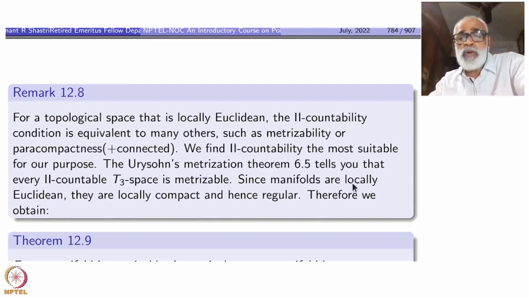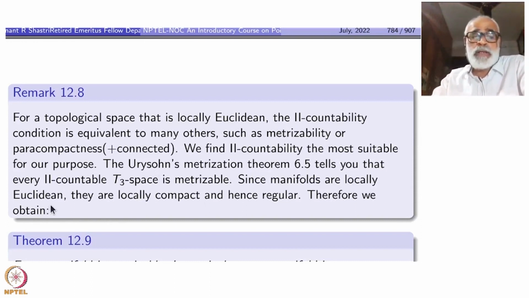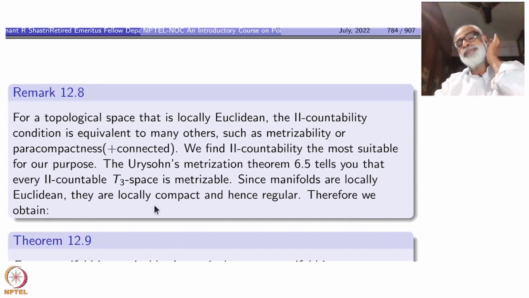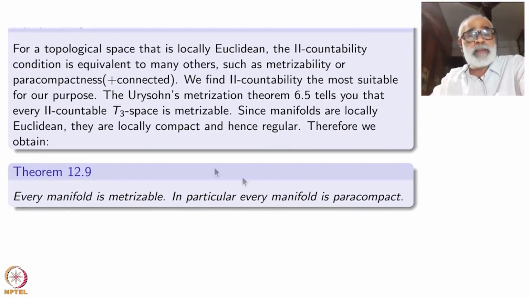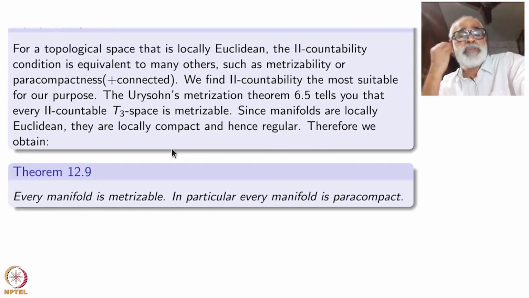Since manifolds are locally Euclidean, they are locally compact and hence regular. Metrizability is not enough, separability you have to put. Therefore we obtain: every manifold is metrizable. In particular, every manifold is paracompact because we have proved metrizable spaces are paracompact.